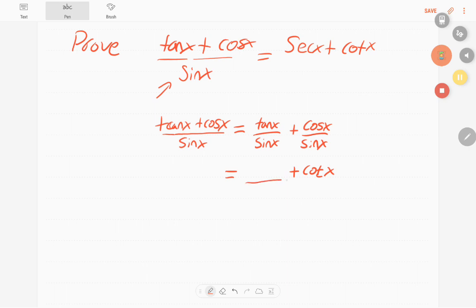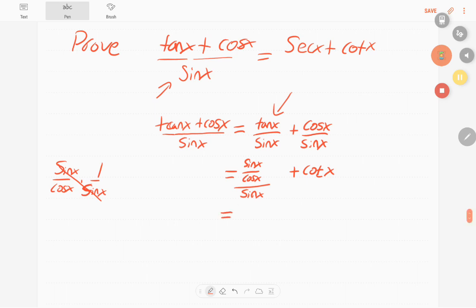I left this blank on purpose because just in case you wanted to do anything, you could just write tangent of x over sine if you wanted to, or if you wanted to rewrite this somehow, you have opportunity to do it. So if I look, tangent of x over sine of x, I recognize that tangent is sine of x over cosine of x, and I'm dividing it by sine of x, which I just want to point out is the same thing as saying this, which means the sine of x's cancel.